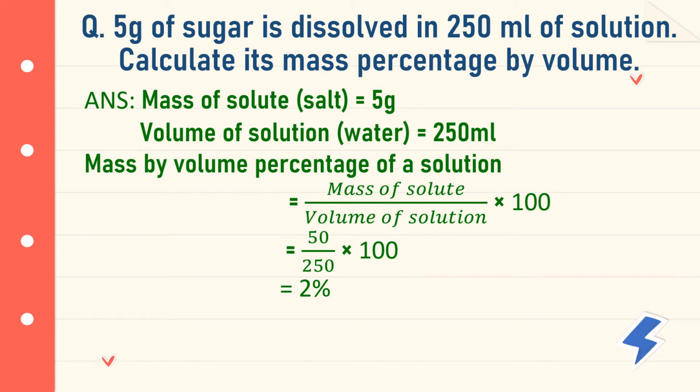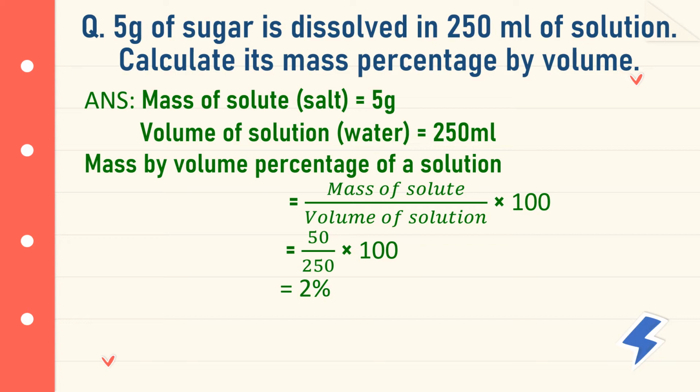So we are going to apply mass by volume percentage of a solution equals mass of solute by volume of solution multiplied with 100. So we apply 5 divided by 250 multiplied with 100, and we get 2%. That is the concentration of the solution in terms of mass by volume. I hope now finding the concentration of a solution is clear to all of you.